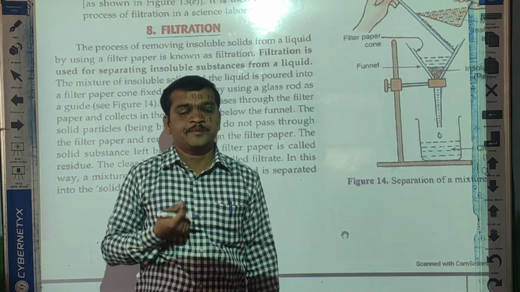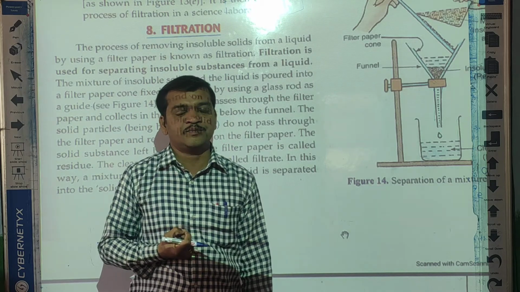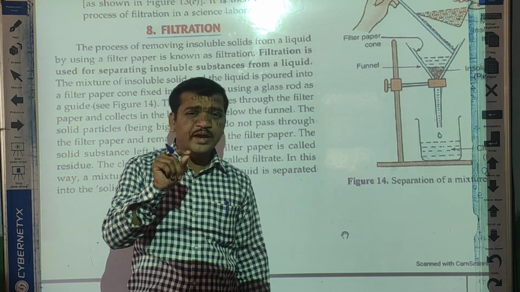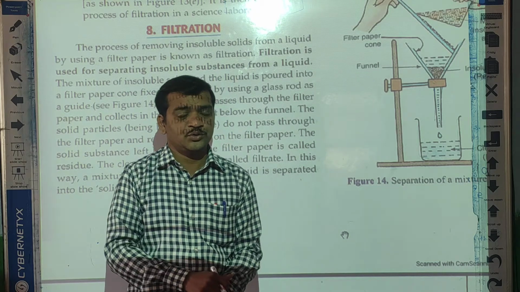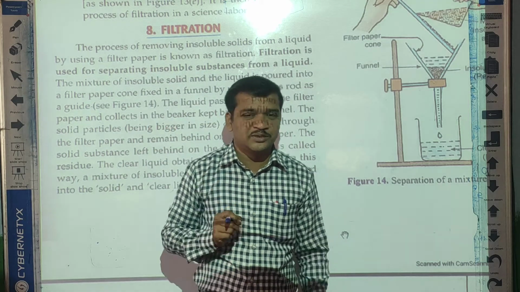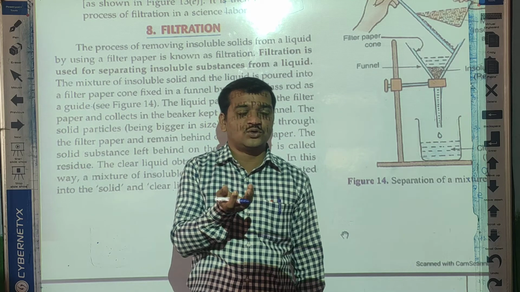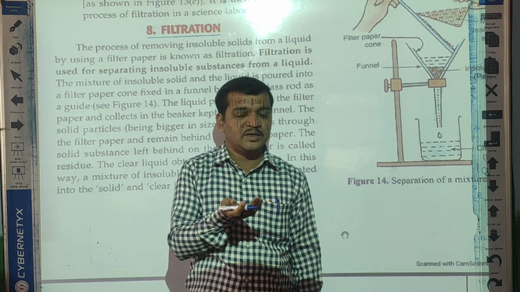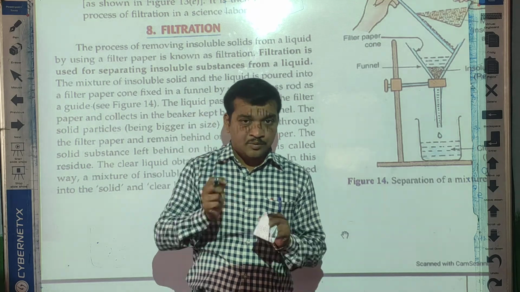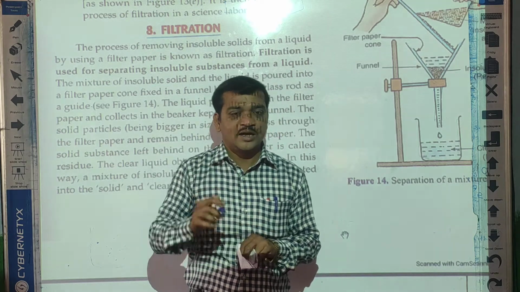You can take clay particles, or sand particles, or you can take chalk powder also. Do you know chalk powder? Yes, everyone knows. So you can make a chalk solution. How to make a chalk solution? Take water in a beaker, make a powder of chalk, put it in the water and stir it.